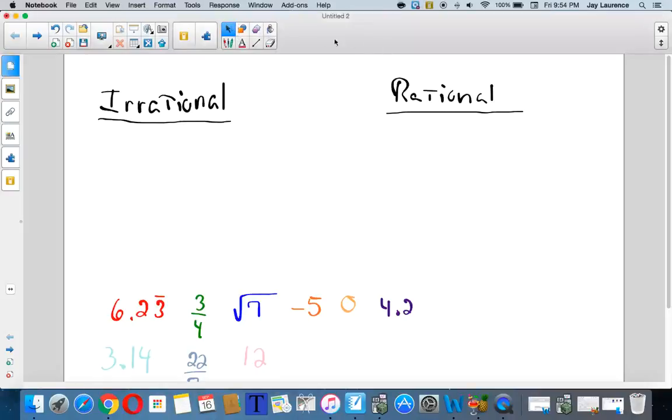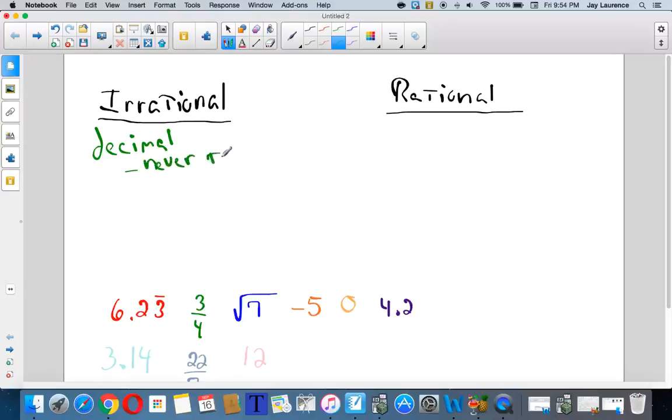So let's first of all review really quick rational and irrational, all right? The irrationals, they're decimals. They have to be a decimal, right? But these decimals have two characteristics that they have to have. One, they can never terminate.